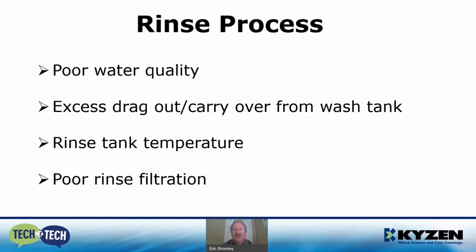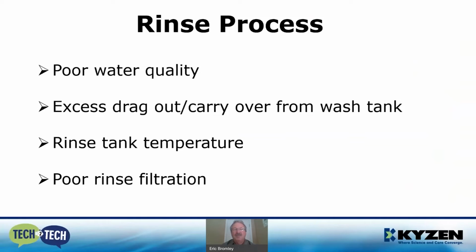The rinse tank temperature, much like the wash tank, is very critical. In some cases, if the rinse temperature is too high, as the parts are removed from the rinse, any remaining droplets will flash dry. And if there are any solids or minerals in the water, as the water flashes off, it'll leave spots.